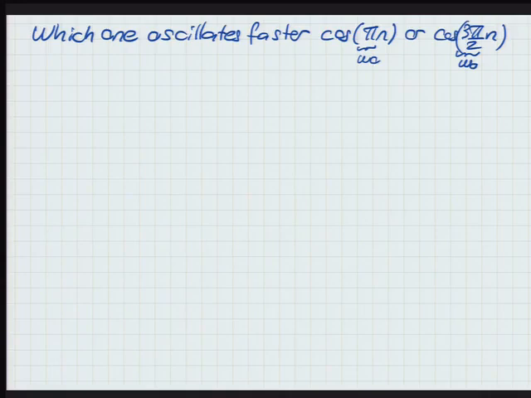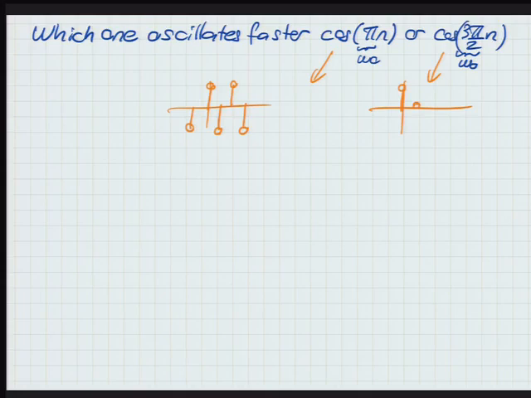What does cosine pi n look like? At n equal to 0, it's 1. At n equal to 1, it's negative 1, positive 1, negative 1, and so on. What does the other one look like? At n equal to 0, you are at 1. At n equal to 1, what are you? 0.